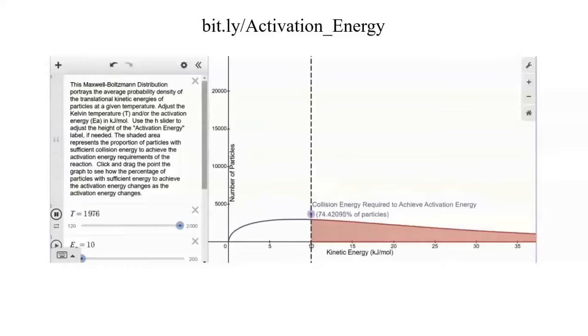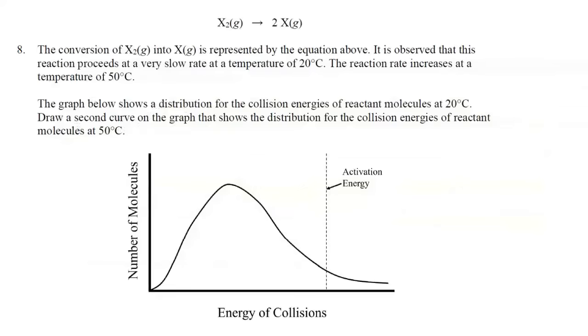So what I'm looking for in the curve at 50 degrees Celsius is that it should be more broad and flat, and the peak of this curve at the higher temperature should be below and to the right of the peak at the lower temperature.